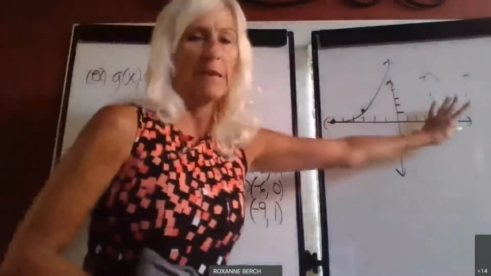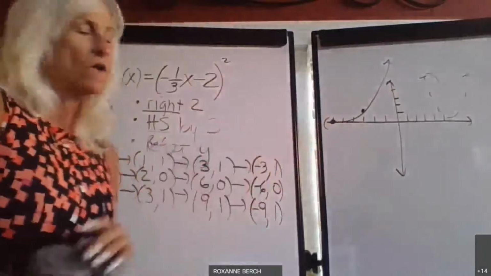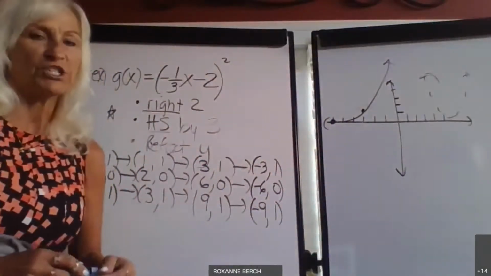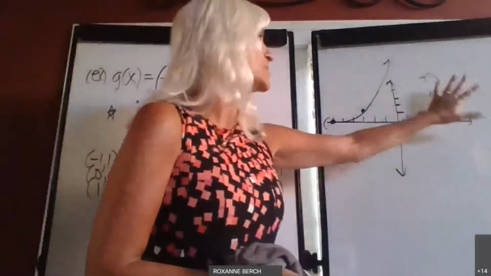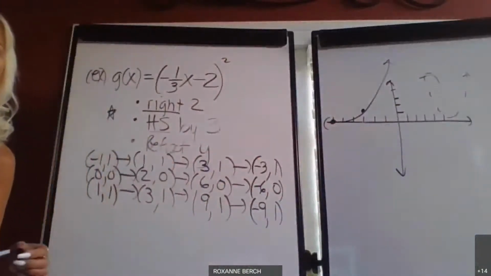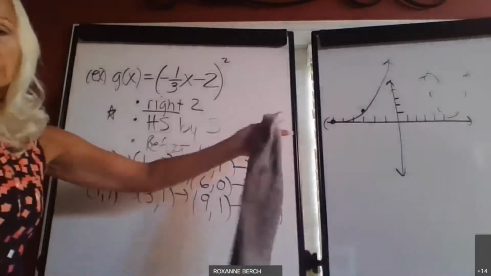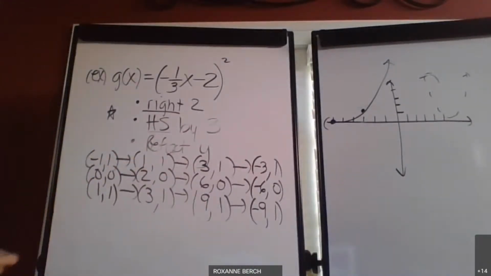It flipped over the y-axis. So it was shifted right, it was stretched, and then this guy flipped over the y-axis. I'm sorry I didn't draw it out. You get what I'm saying though, right? Yeah.